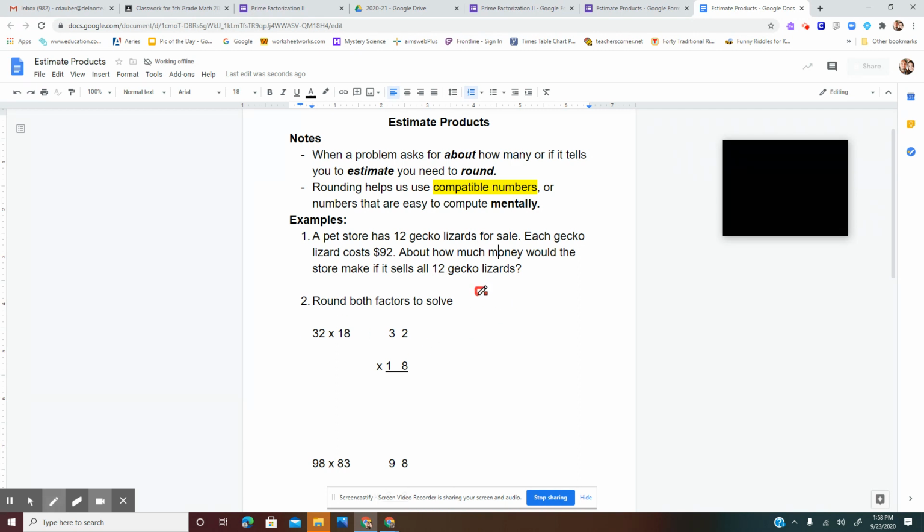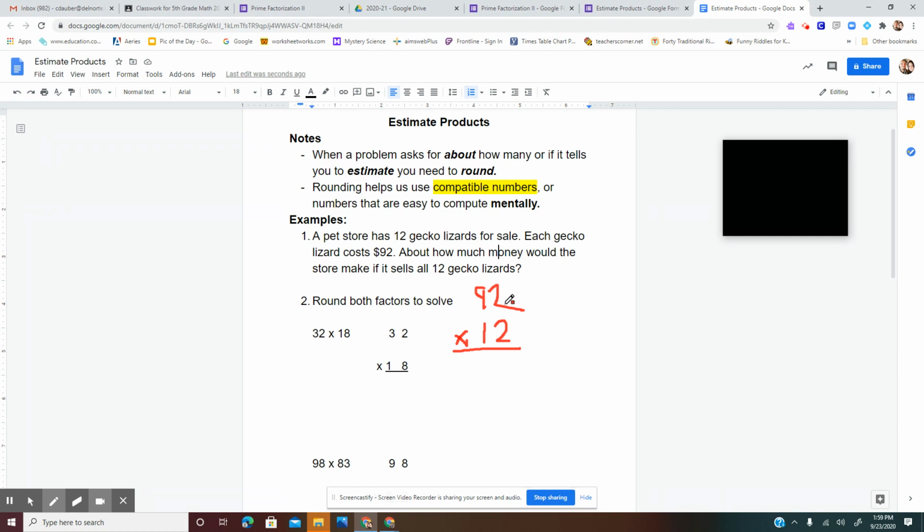First of all, let's set up the problem as if we were going to do it normally. 92 times 12. I apologize for my bad handwriting here. Okay, 92 times 12. Well, we round both of the factors, which means we round them to the nearest 10. So with 92, we think, what are the two tens on either side of 92?